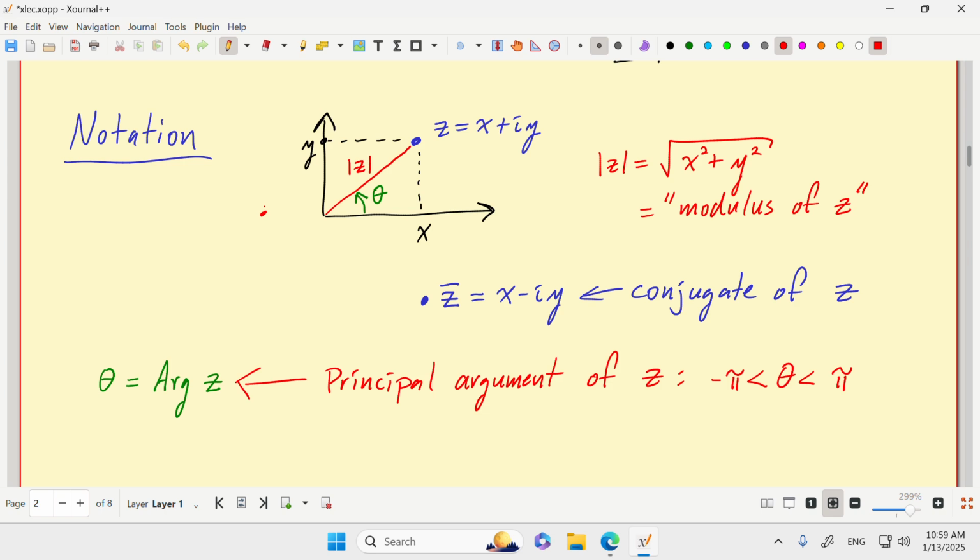If I go around the negative way, I'd get minus pi there. And I've got to make a choice. So the traditional thing to do is, so that negative real numbers will have an argument, we let pi win. That's the principal argument.